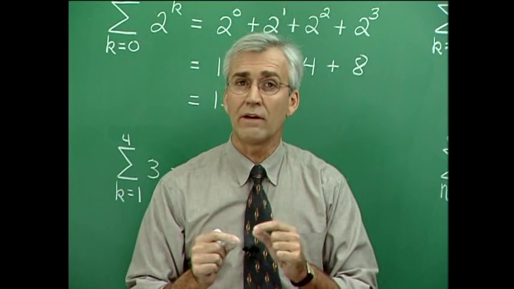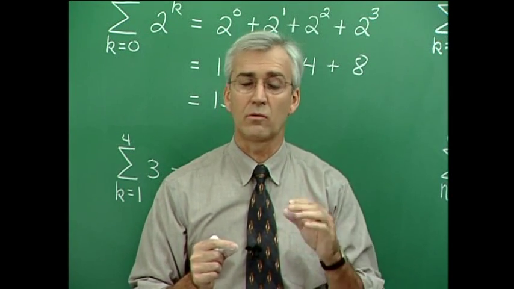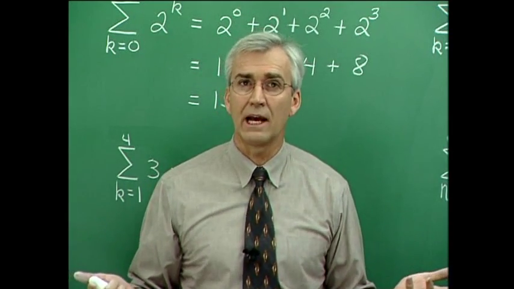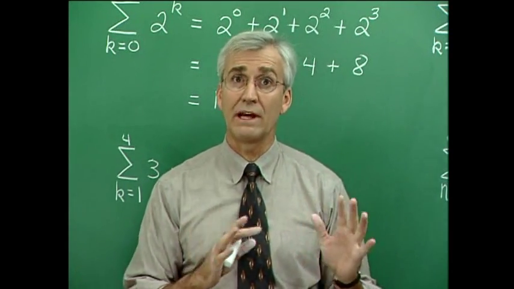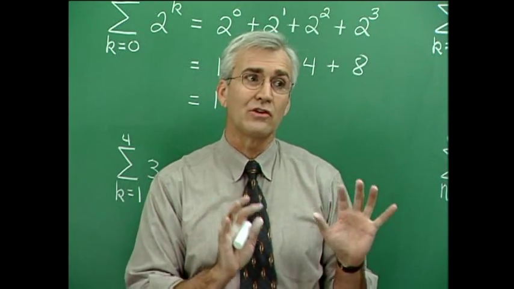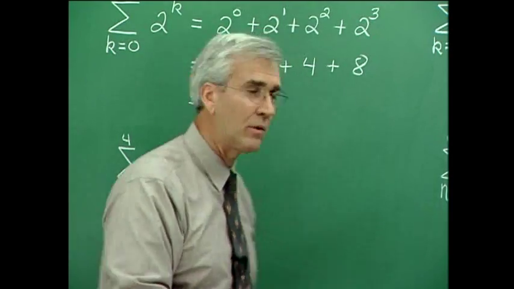And that's true if that lower limit is 1. For example, if we're going from 1 to 5 with this counting mechanism, then we have 5 items to be added. Sometimes that's a valuable thing to know. How many items are in this series? How many sequence items are being added? That's another way to say it.